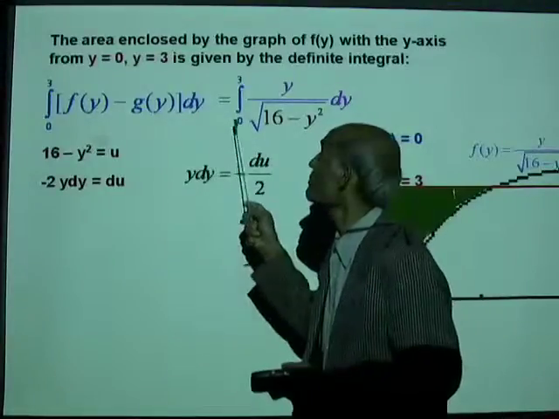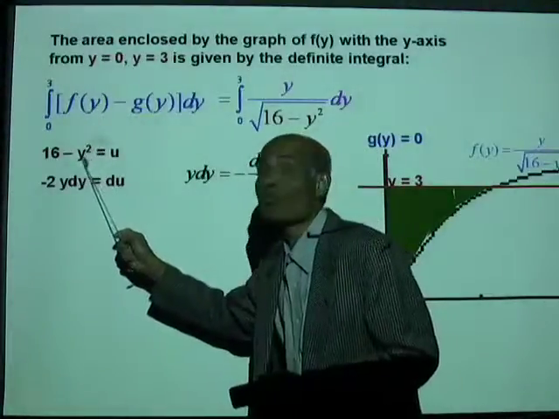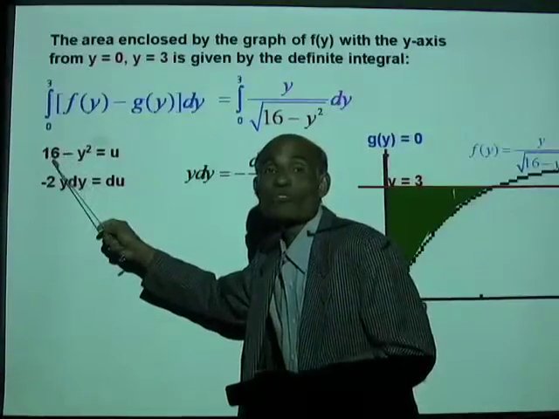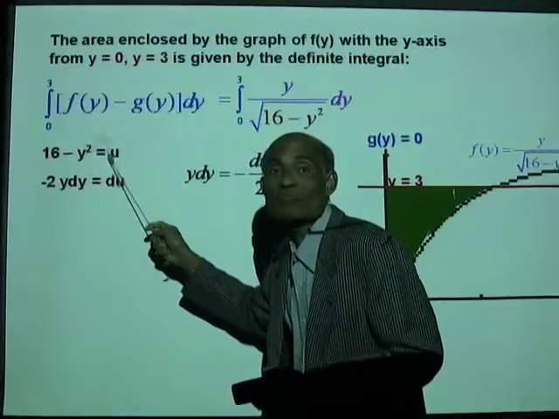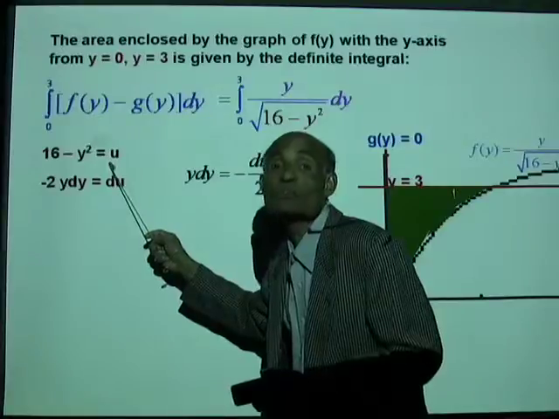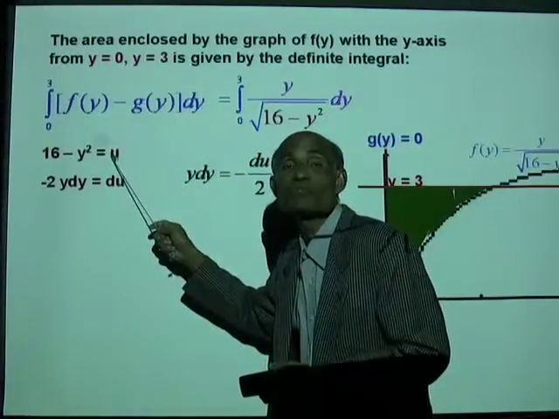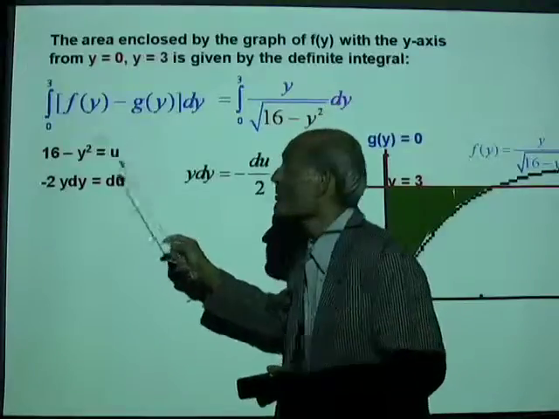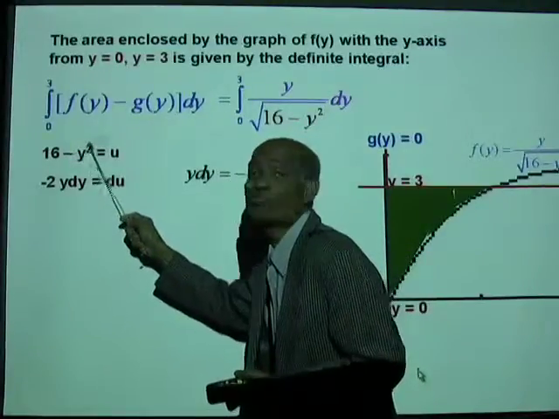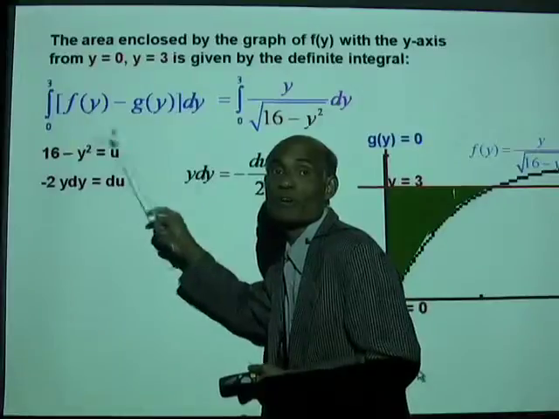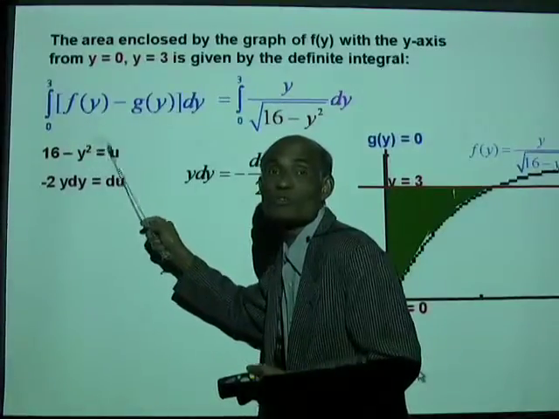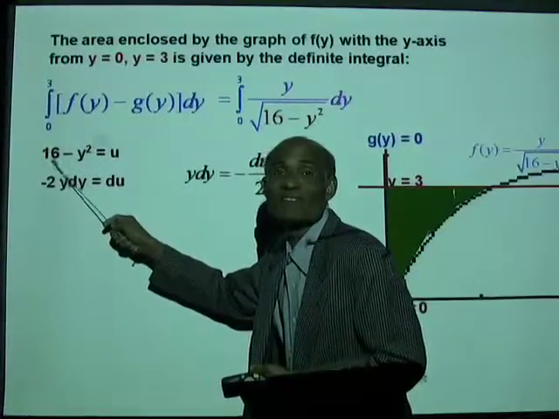The limits 0 to 3 are given for this y. But because 16 minus y squared has been now replaced by u, we need to replace these limits in terms of u. For example, when y equal to 0, that is this limit, when y equal to 0, u equal to 16.